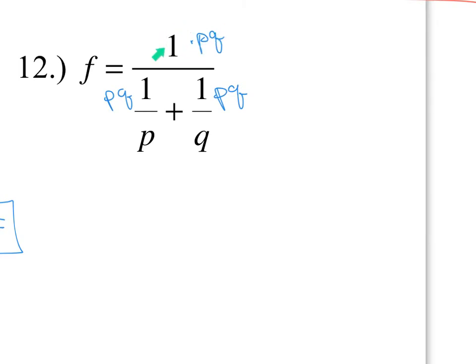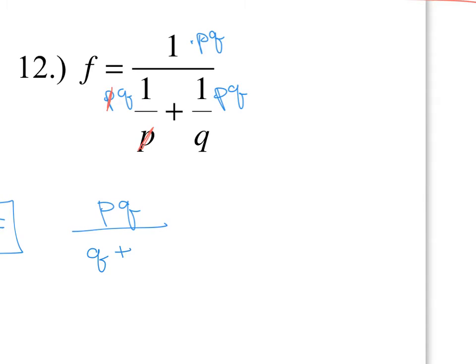So in this very top fraction, which is just a 1, you'll just have 1 times p times q, which is just p times q. And in the lower left fraction, we have p times q and a p in that denominator, so we can cancel out the common factor of p. And that will leave you a q times 1, which is just q.